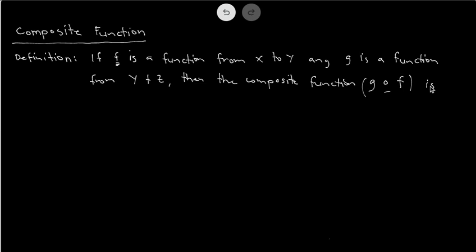Is the function from x to z. Okay, so yan yung definition. So if f is a function from x to y, so function siya from x to y, and g is a function from y to z, then the composite function G composed F is the function from X to Z. Parang naging combination siya ng lahat. From X to Z.